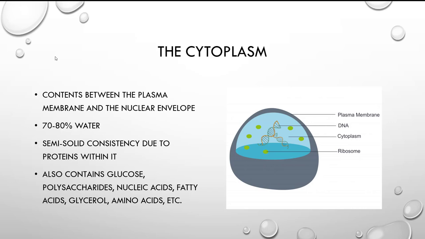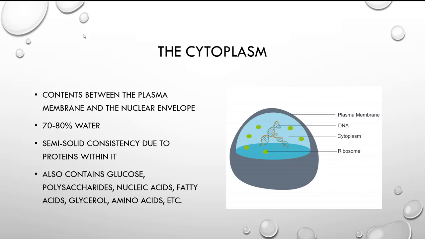So it consists of proteins. It has other things in there, such as carbohydrates like our glucose and polysaccharides. There's nucleic acids in there, there's fatty acids, there's glycerol, there's amino acids, there's ions, there's different nutrients in there.